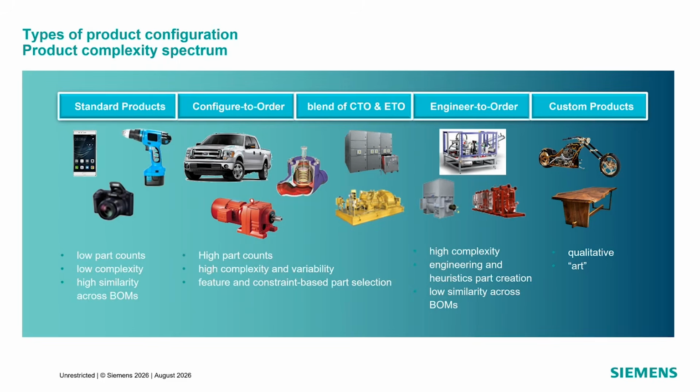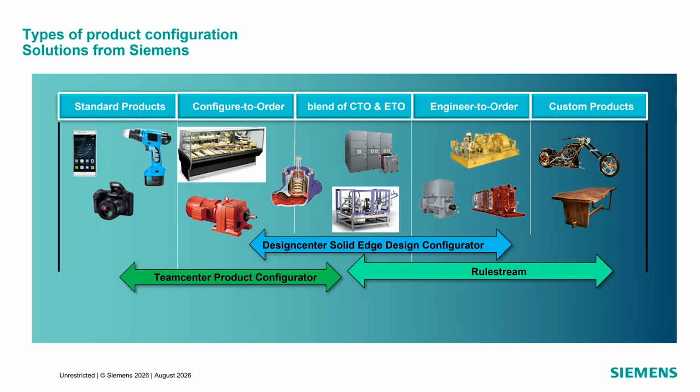And Siemens as a whole provides complementary solutions across all these needs on the spectrum. So Teamcenter Product Configurator is more oriented towards those high volume CTO scenarios. RuleStream addresses really the more complex ETO environments requiring substantial engineering logic and order-specific content.